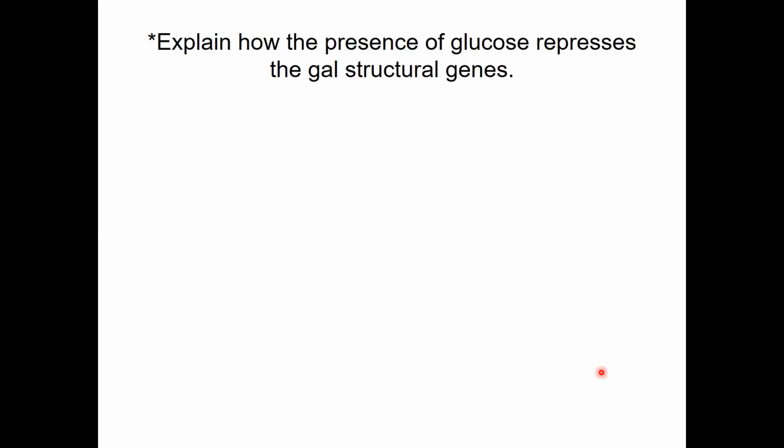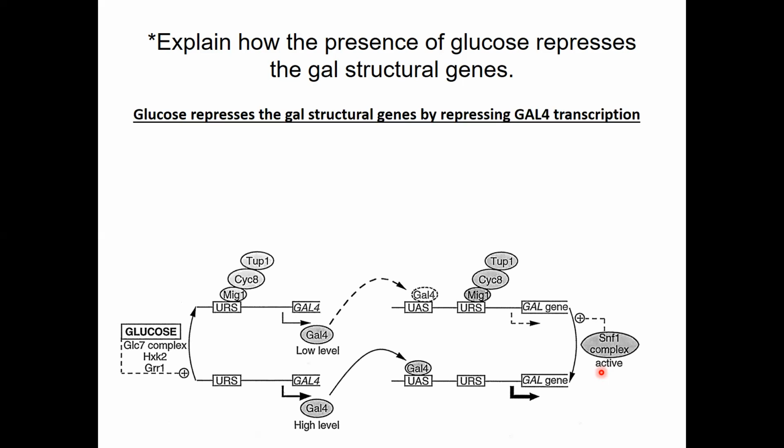Explain how the presence of glucose represses the gal structural genes. So how does this repress it? Glucose represses the gal structural genes by repressing gal4 transcription.